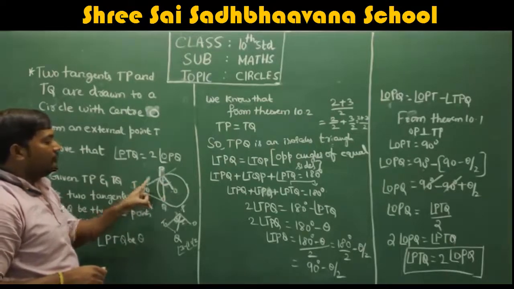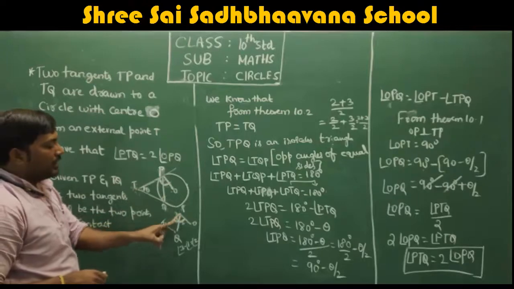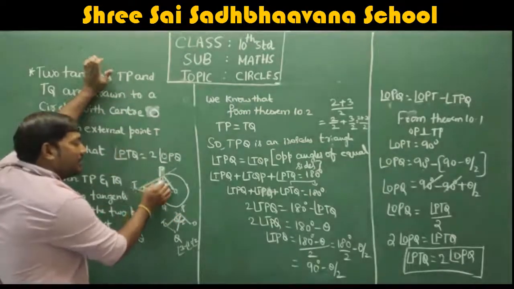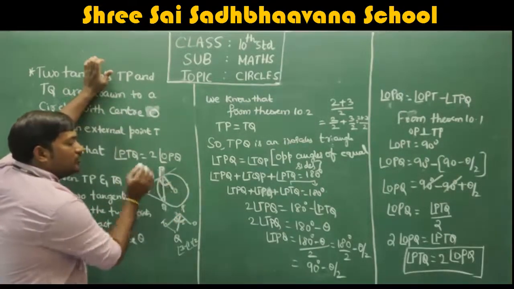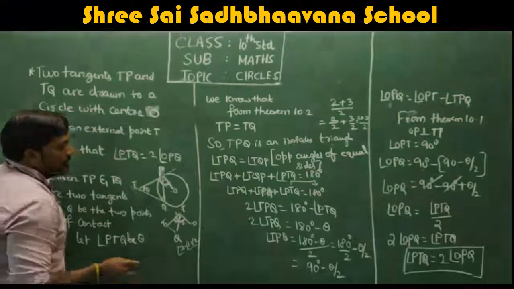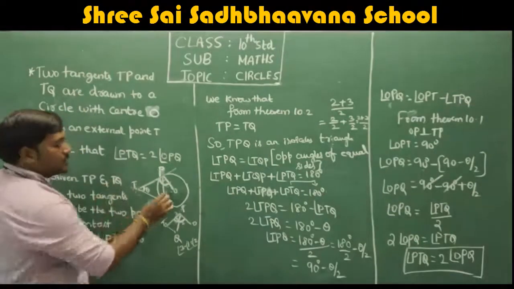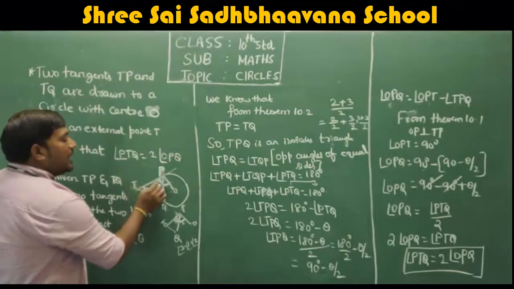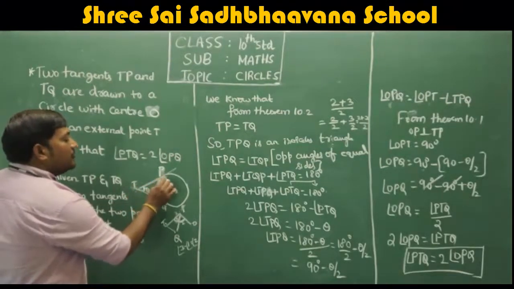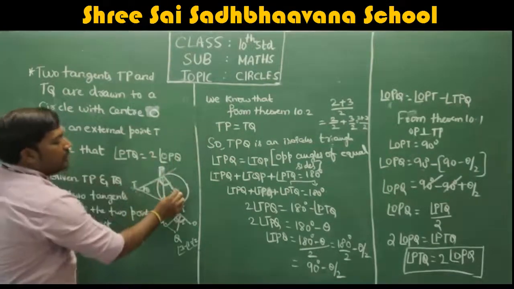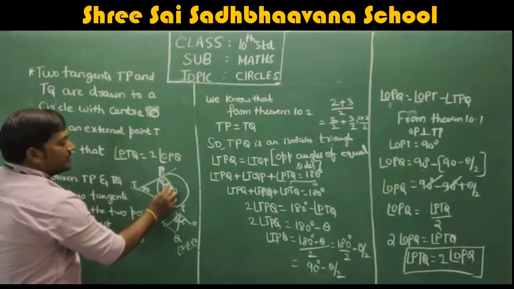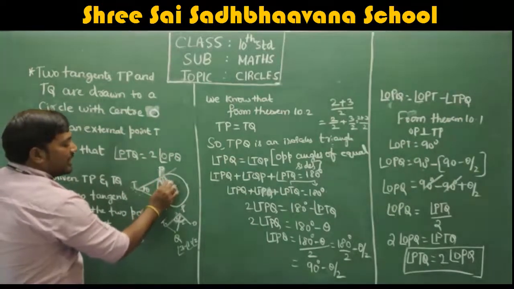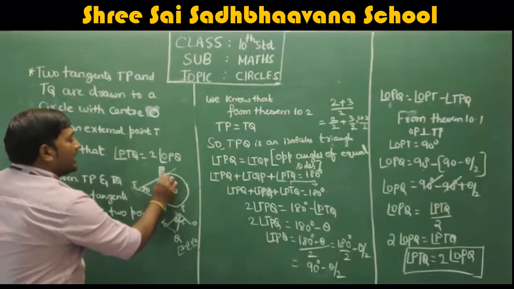From the full angle I am deducting this portion TPQ, which will give you this portion. That's the only thing you have to understand. That's the reason, we need this portion OPQ, so for the full angle OPT, I subtract this portion and get this one.